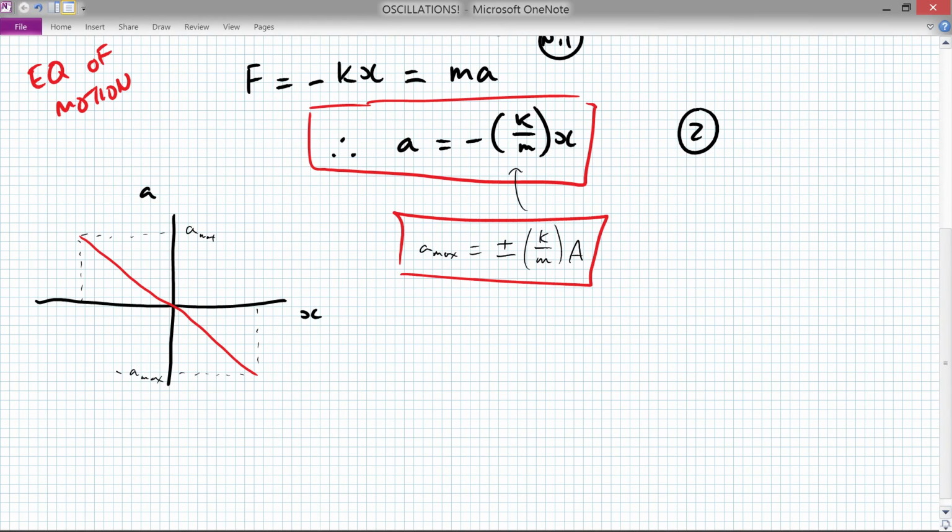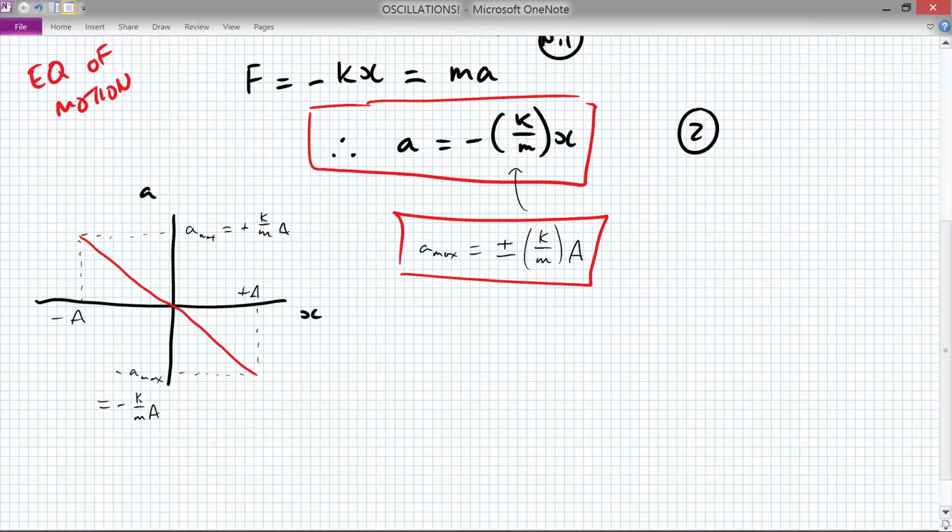So we can just draw those on. a max is equal to plus (k over m) times A, and this will be equal to minus (k over m) times A, and these will be found at the positive and negative amplitudes respectively. So that's a really simple graph we can look at, an acceleration against position picture.